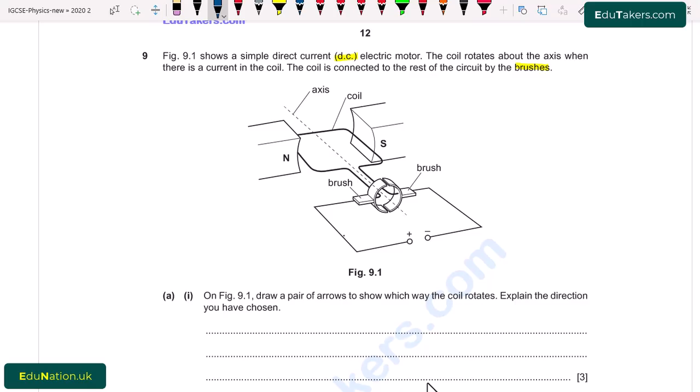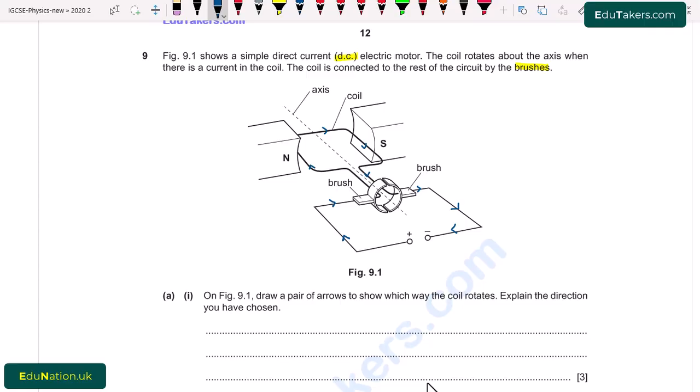Here current flows in this direction, and on this side it is coming back. So the current here flows from positive to negative terminal of the battery.